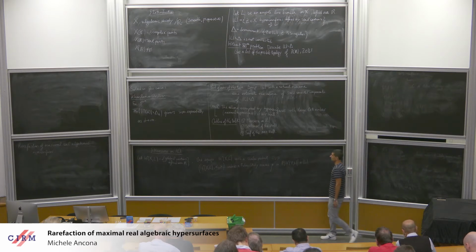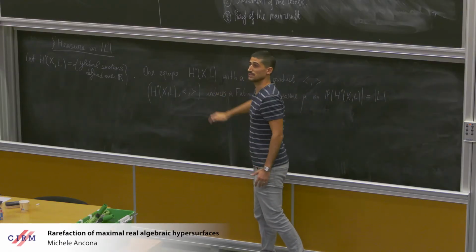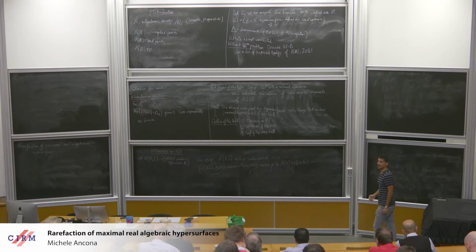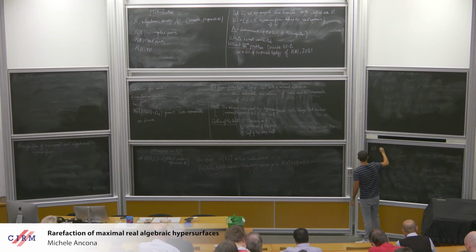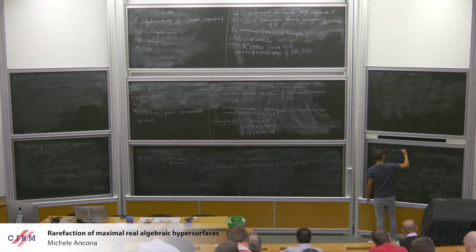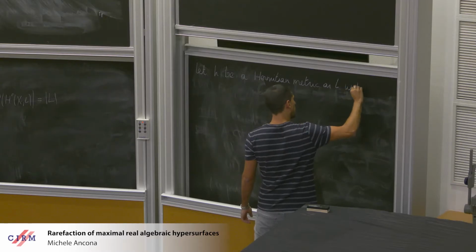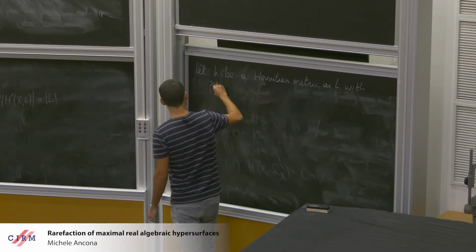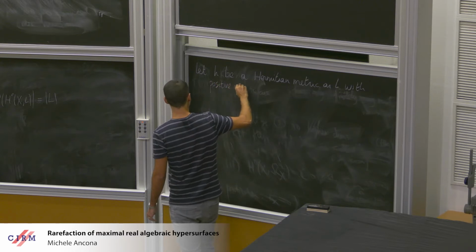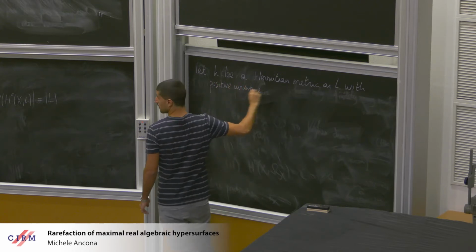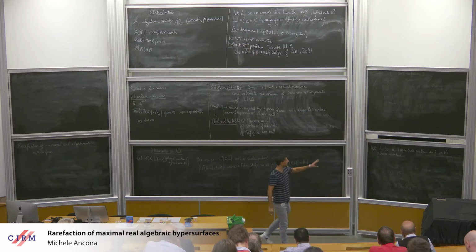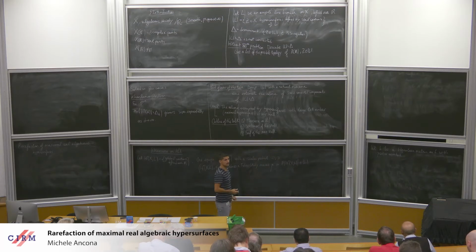And there is one standard way to do this, which is to fix some Hermitian metric on L. So we fix on L a Hermitian metric with positive curvature.